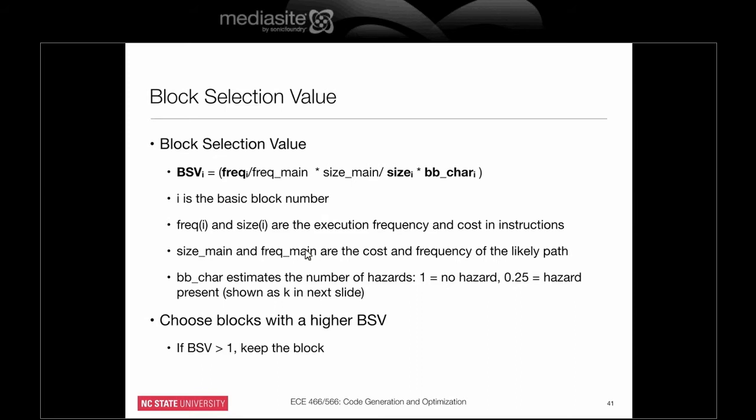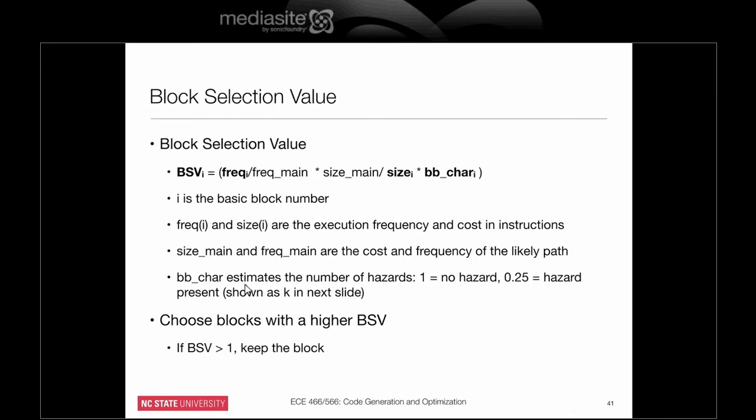Size of main would be the total number of instructions in the hyperblock, and frequency of main would be the frequency with which that hyperblock executes. And then BB characteristic estimates the number of hazards. For example, 1 might mean no hazard, and 0.25 would mean a serious hazard, that this instruction is really going to cause problems for us.